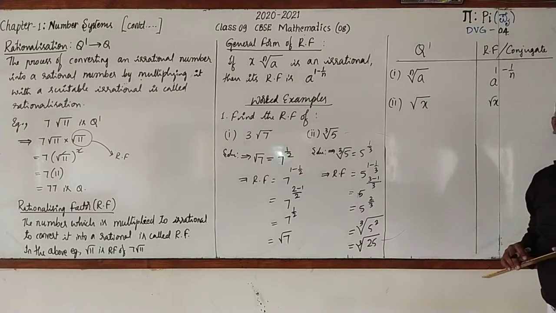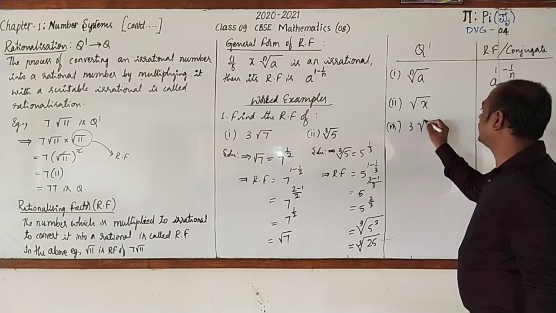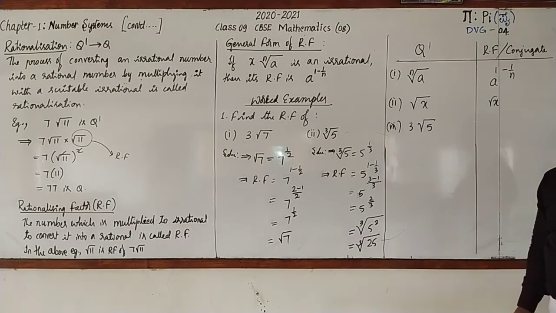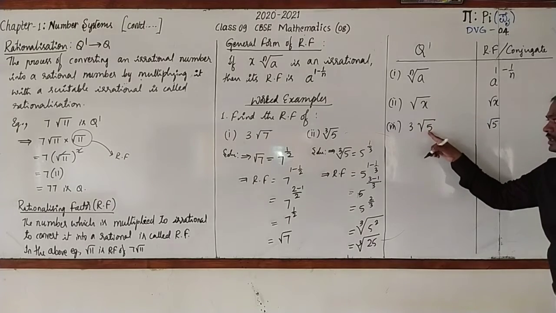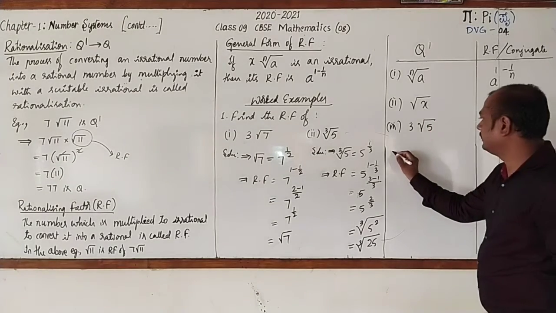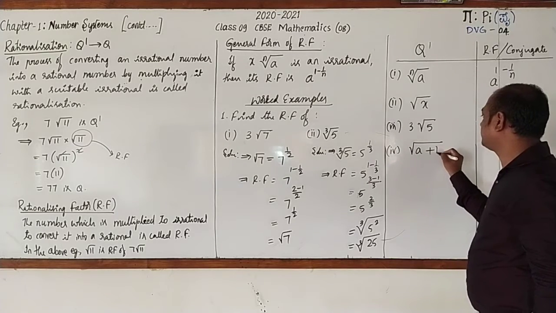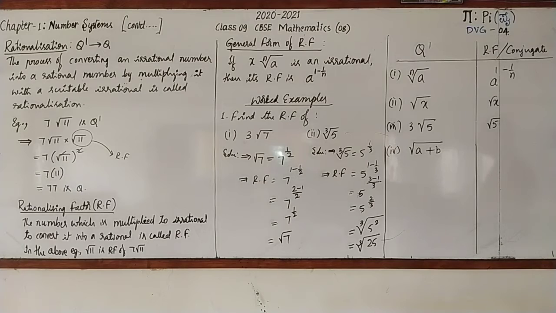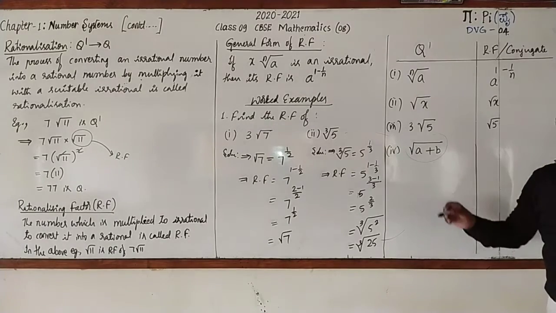Next, third one, 3 into square root of 5. Then rationalizing factor, root 5. It is just like root x. Then another one, very important, square root of a plus b. Will you write a minus b? No. Why? It is single term.